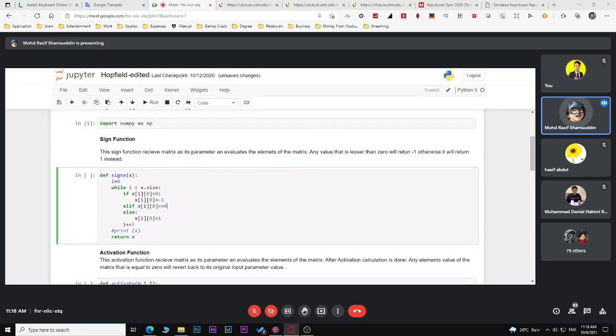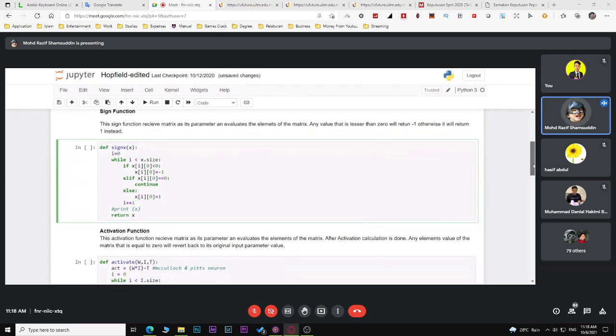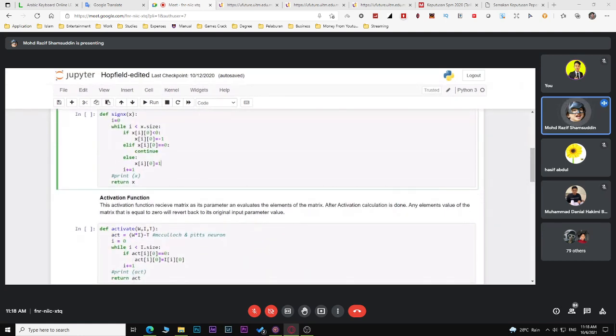Sama dengan kosong. Continue. Maknanya dia tak buat apa-apa lah. So that particular xi will be set as its own original value, right? Okay, so saya run ni.